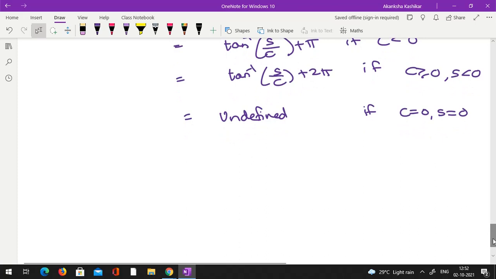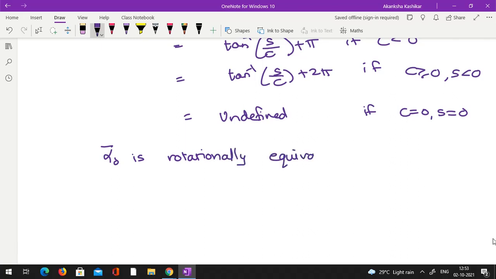Now what is the advantage of defining this sample mean and not using the usual sample mean? This alpha naught bar is rotationally equivalent. What do I mean by rotationally equivalent? If you change your system of recording the observations, we saw that there is no uniqueness. You can record clockwise or anti-clockwise. Your origin could be along the 0 direction or along any other direction, etc. So if you change your recording system, your alpha naught bar would obviously change in value, but the direction remains exactly the same.